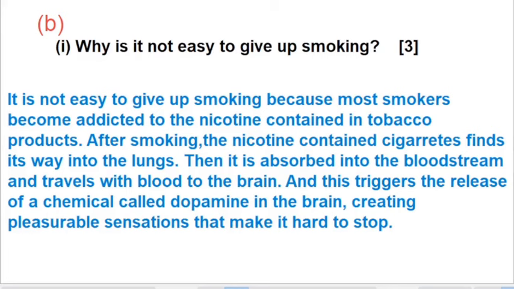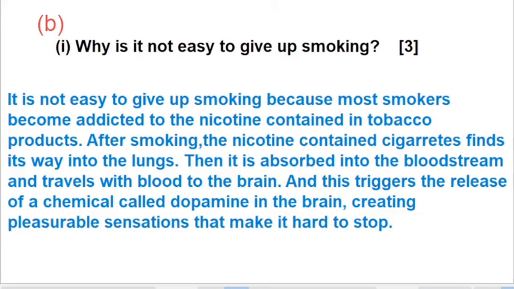This triggers the release of a chemical called dopamine in the brain, creating pleasurable sensations that make it hard to stop. So this is why smokers don't find it easy to quit. We have answered our question B1.